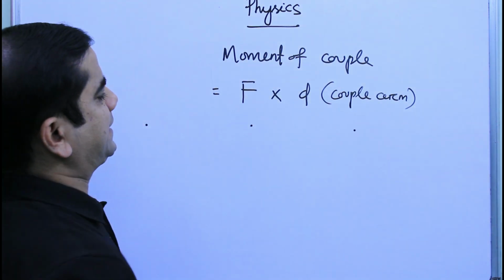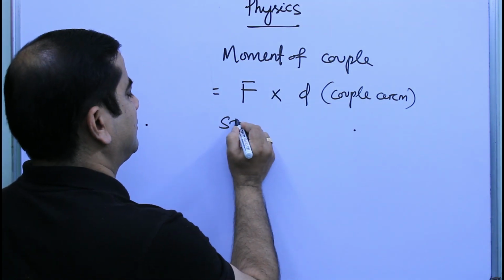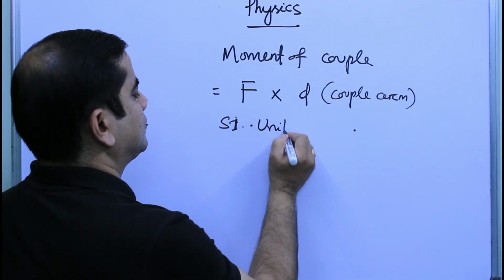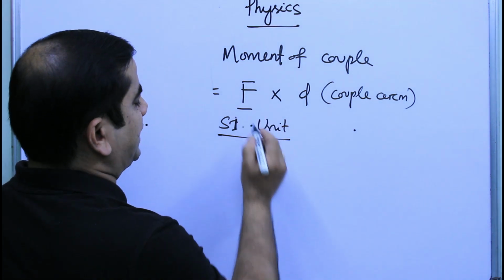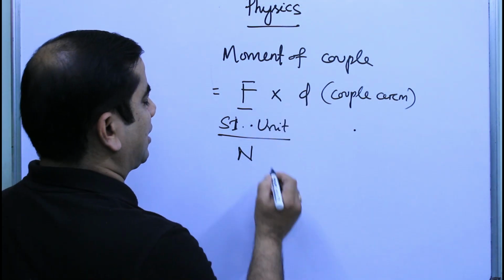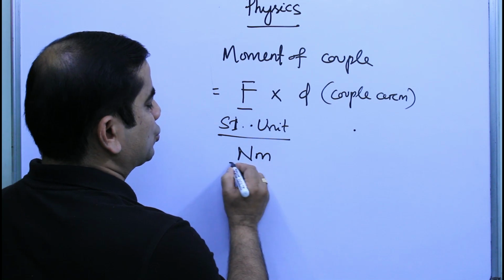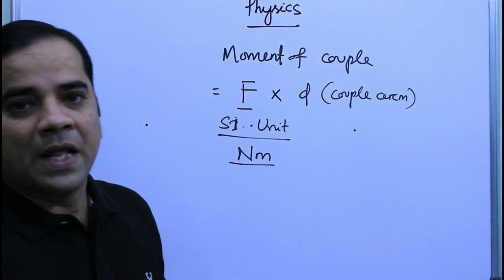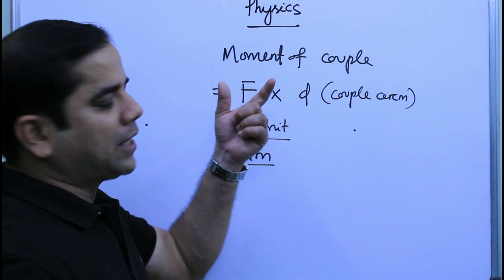So what should be the SI unit then? The SI unit of force is Newton and that of distance is meter. So Newton meter is the SI unit for moment of couple.